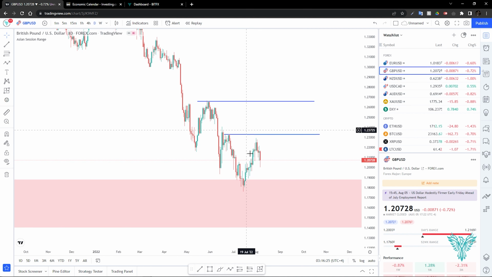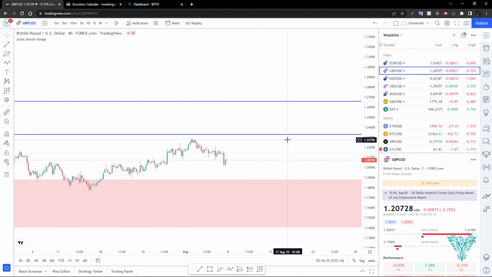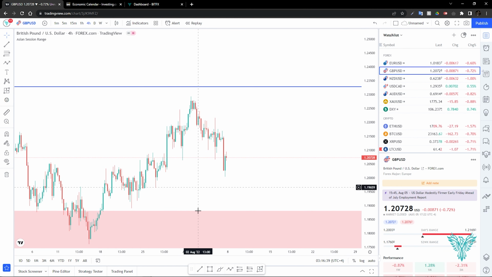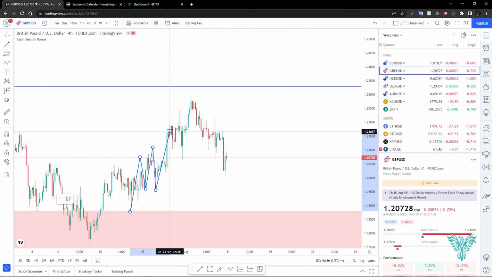Right, so we saw this push down due to the NFP release, and now potentially we could see other lower lows being made on GBP. Moving on to the 4-hour time frame, what we can see is, again, this is the external low on the 4-hour time frame which was being held up. So the market was in a nice uptrend making higher highs, right?